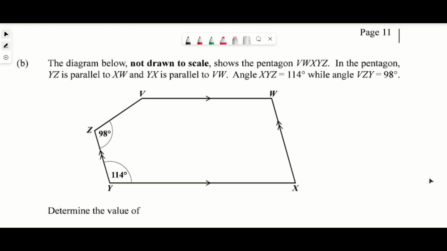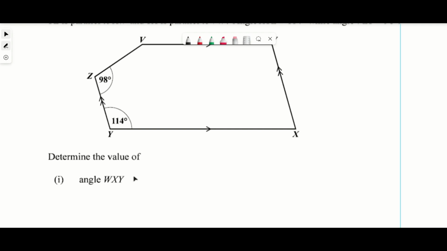Now they said determine the value of angle WXY, which basically means to find out this area right here in red. They're asking you for this angle here.